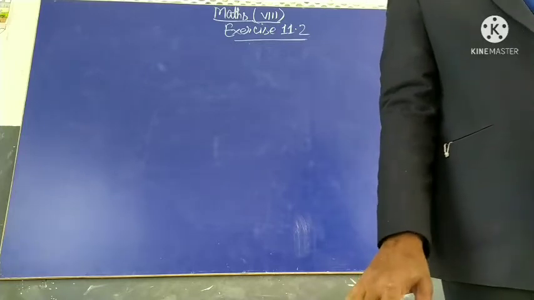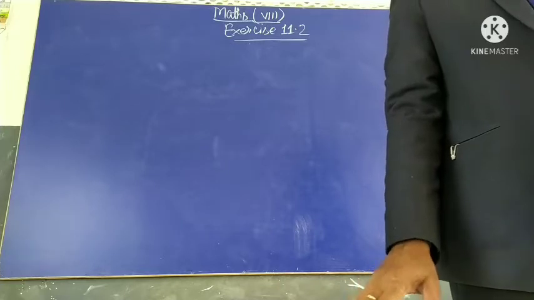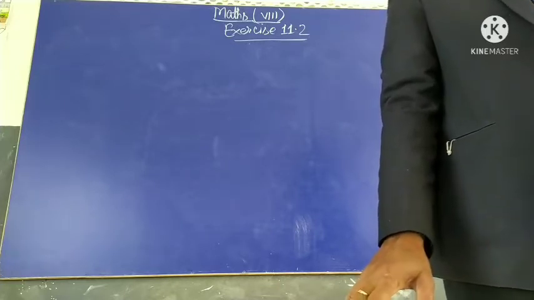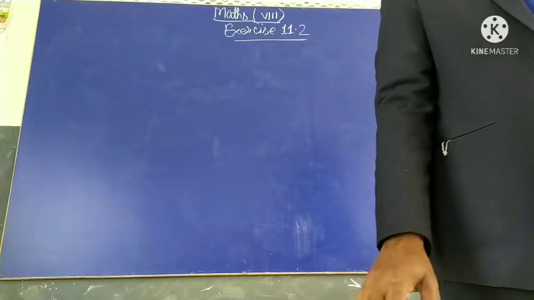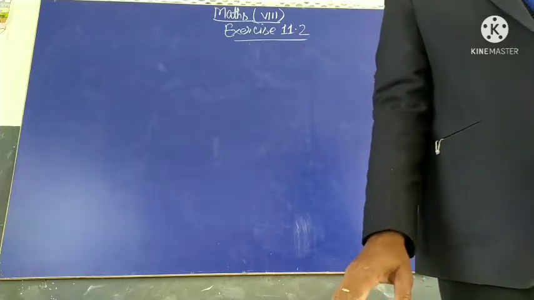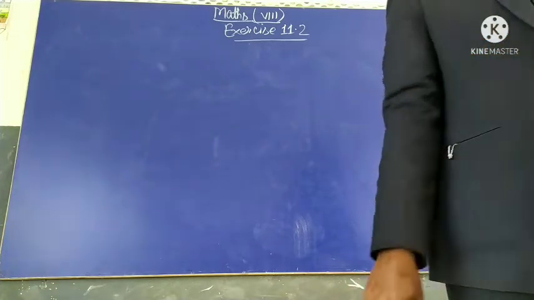In this question, you have a pentagonal shaped park, whose diagram is given in your figure, and this diagram is divided by two girls, Jyoti and Kavita, in two ways.